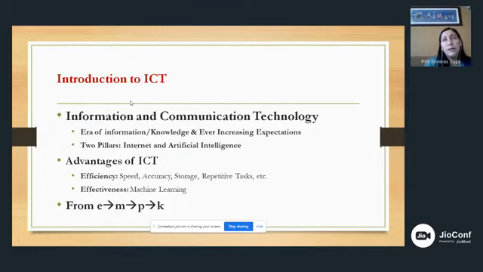In the current scenario, particularly in a post-pandemic era, we are very much dependent on information and communication technologies. In fact, we have been dependent on different communication and technology tools for learning, entertainment, our day-to-day work, and also our extraordinary work.